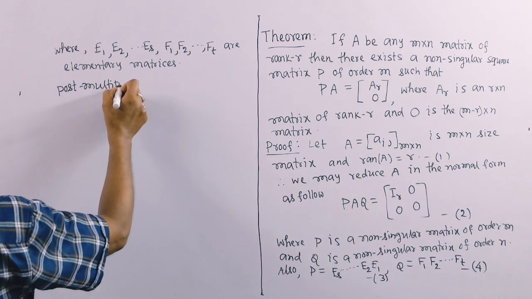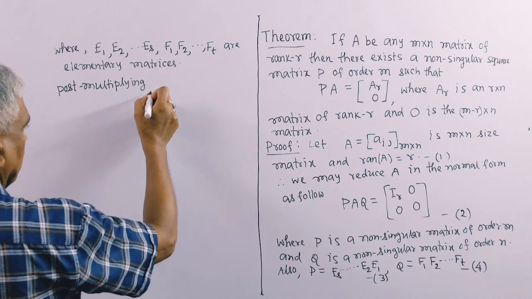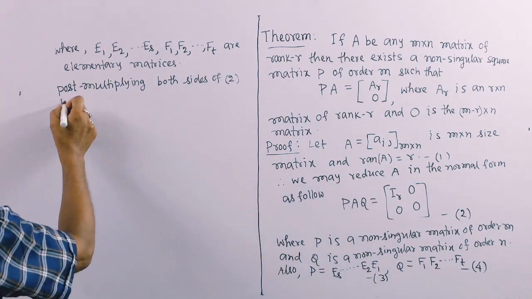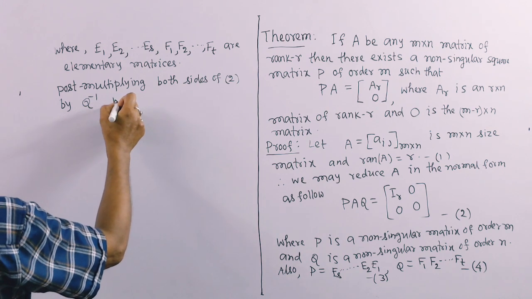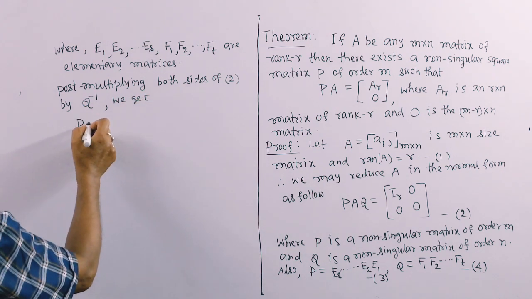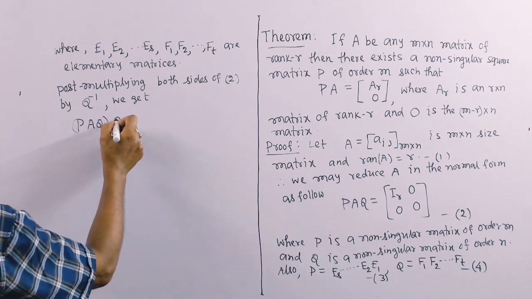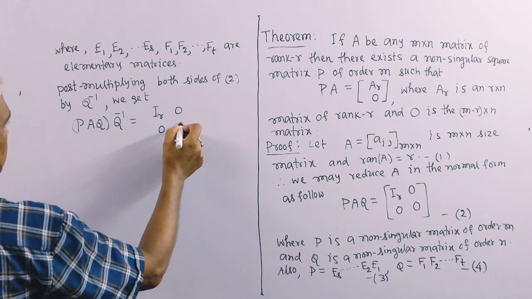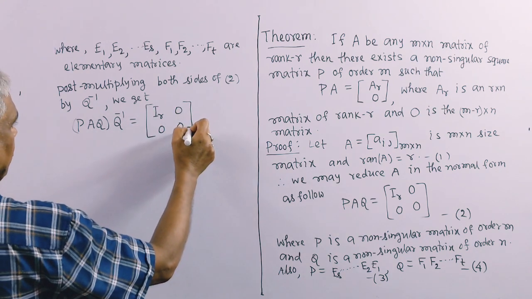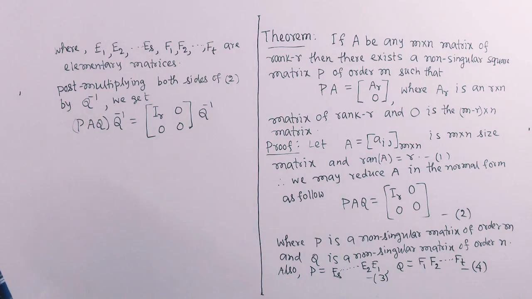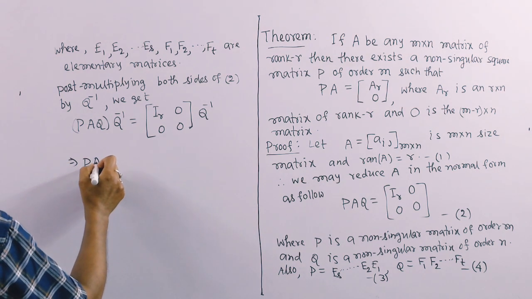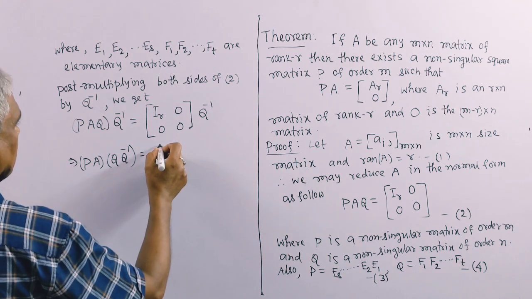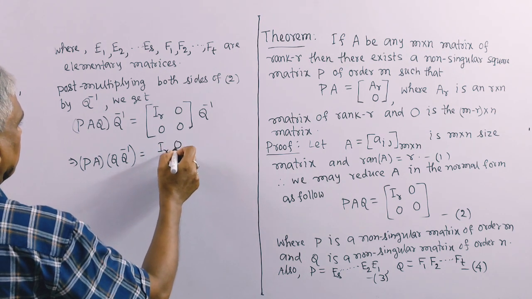Post multiplying both sides of 2 by Q inverse, we get PAQ multiplied by Q inverse equal to the matrix IR, 0, 0, 0 multiplied by Q inverse, which implies that PA, with Q multiplied by Q inverse equal to the unit matrix, equals IR, 0, 0, 0 times Q inverse.